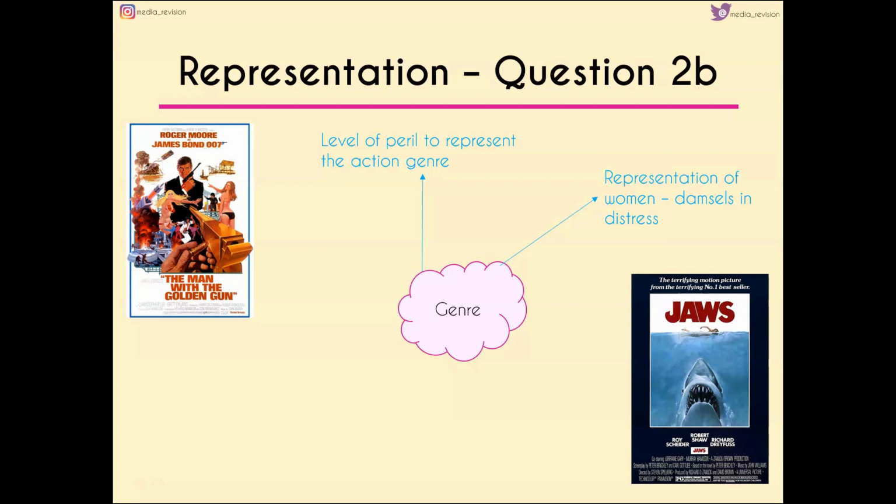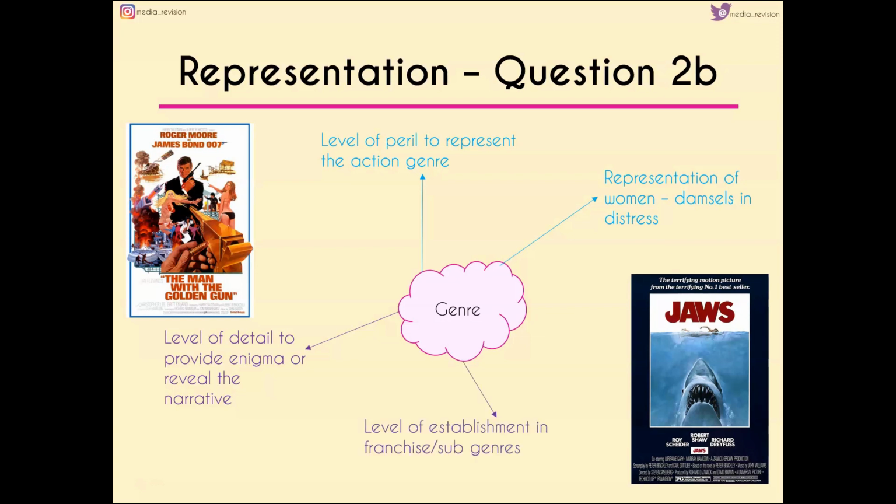And then you can change the colour of your pen to do differences. So in this case, we'd be looking at the level of detail that's included, because we want to raise the enigma or reveal the narrative, and the level of establishment in the franchise or subgenres.